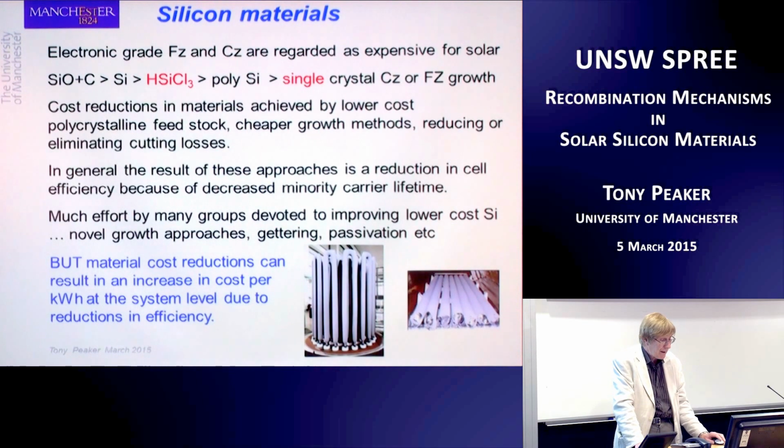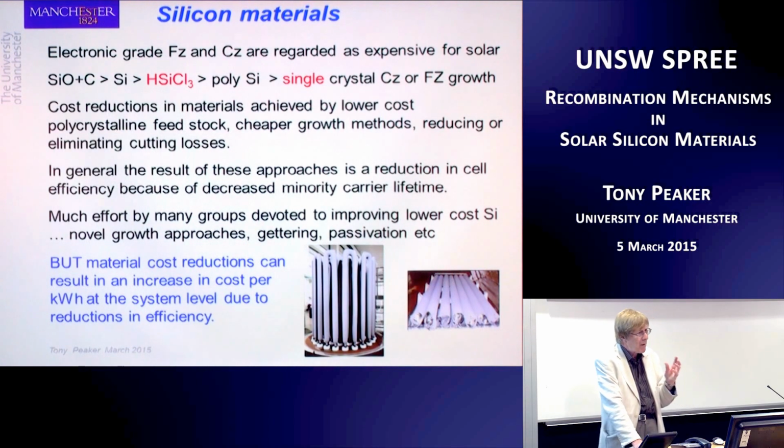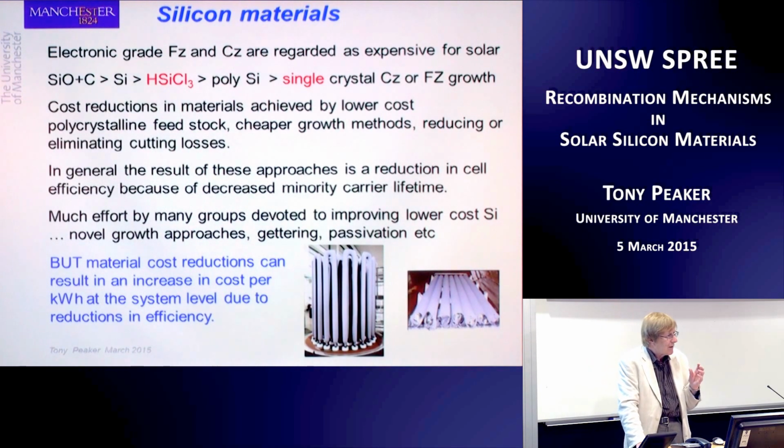You eliminate that. But often with these approaches, you get a reduction in the cell efficiency because of a decreased minority carrier lifetime, and that's the parameter that we measure in general in my lab to try and get a measure of how good the material is, what the minority carrier lifetime is.